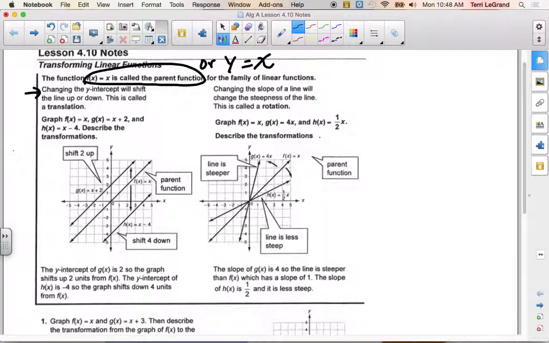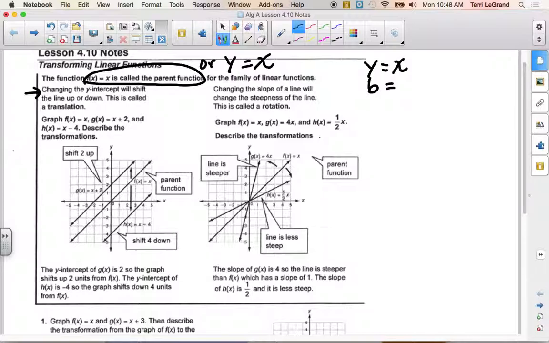Up here, for the parent function, could we identify what the y-intercept actually is? What is the y-intercept of the parent linear function?